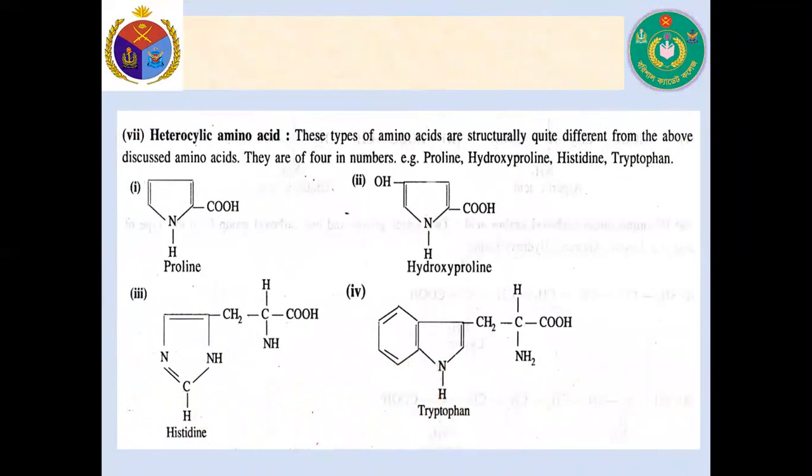Now, heterocyclic amino acid. This type of amino acids are structurally quite different from the above discussed amino acids. They are four in number: proline, hydroxyproline, histidine, tryptophan, etc. are the heterocyclic amino acids.